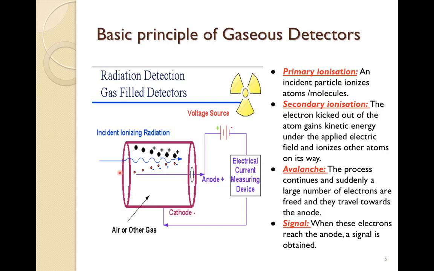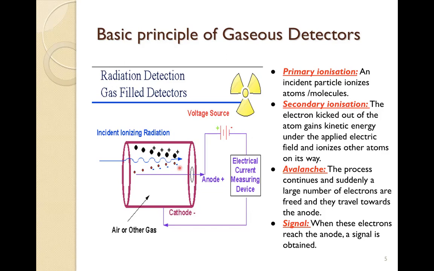Now, as there is an electric field, these electrons will go towards the anode, and because of the electric field they will get some kinetic energy. Because of this kinetic energy, they will collide more and more with unionized molecules and produce more and more electrons.